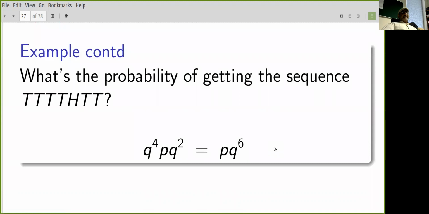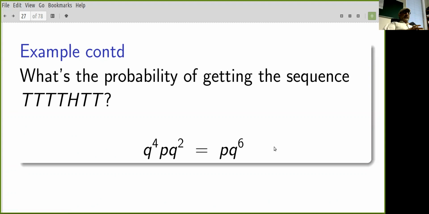What's the probability of getting this sequence? It's 1 H, but it isn't occurring in the first flip, it's occurring in the 5th flip. Again, we're going to multiply the probabilities because the flips were independent of each other.